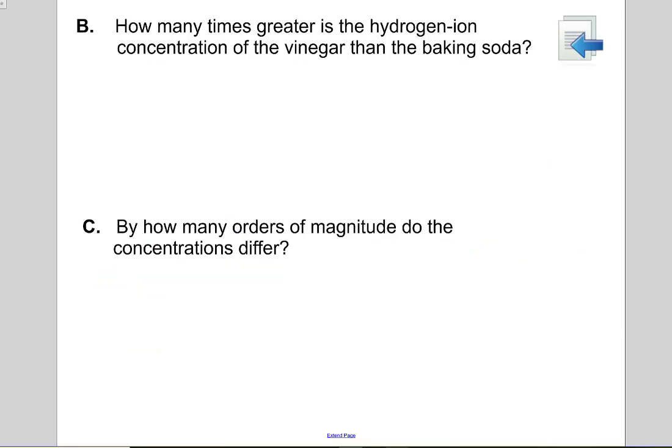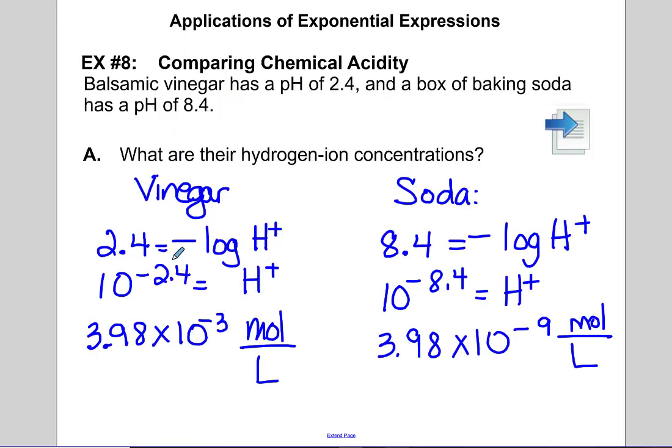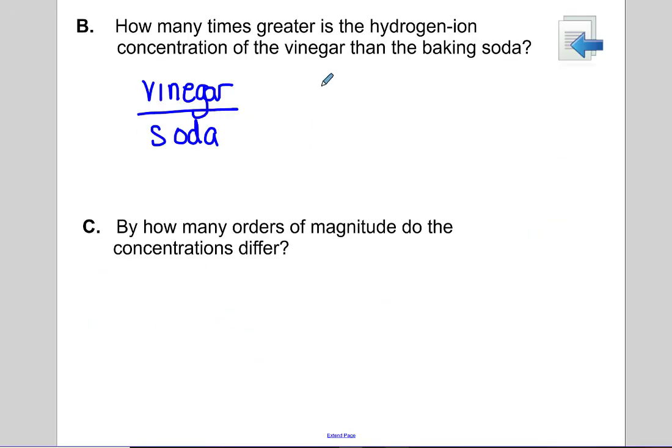And then how much greater is the hydrogen concentration of the vinegar than the baking soda? So we want to look at the comparison, the ratio of vinegar to soda. We got 10 to the negative 2.4 on the vinegar, and 10 to the negative 8.4 on the soda.